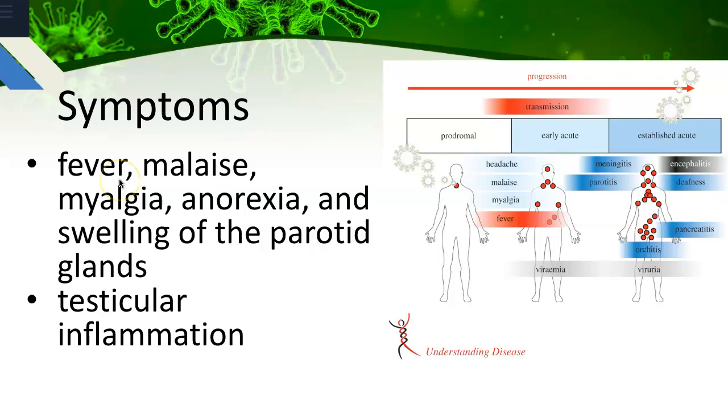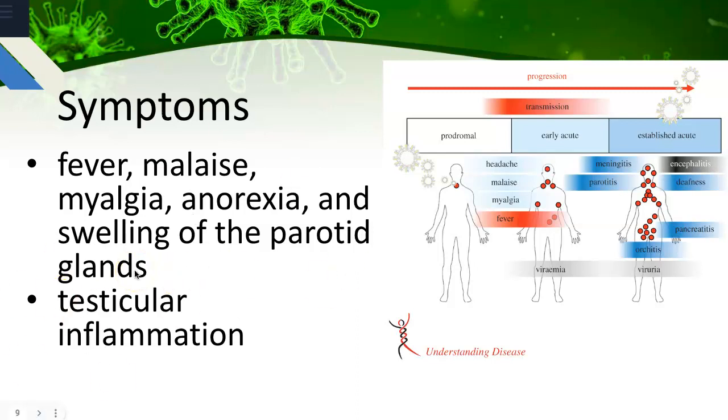A couple more that I found that I wanted you to take note of is the anorexia, the swelling of parotid glands, which is a very common one. It basically causes the characteristic grimace appearance. Right?